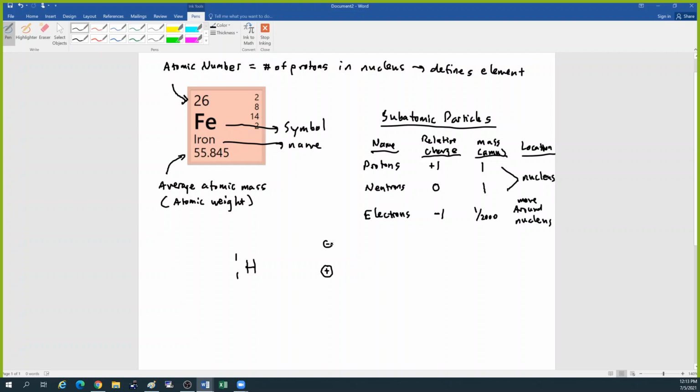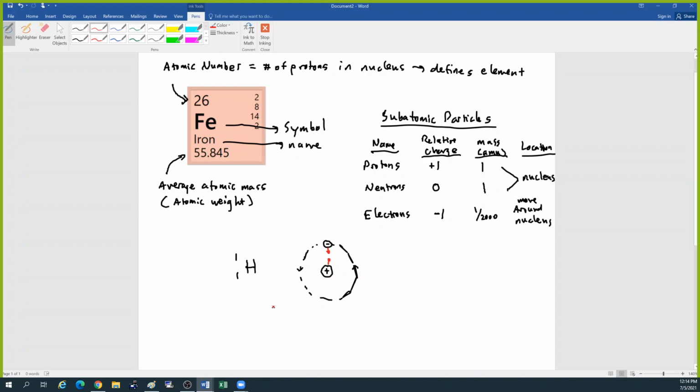And for now, a simple view would be that the electron is moving around the proton, and the reason why it doesn't fly away is because their opposite charges mean that they attract each other. And that's essentially the structure of an atom. And again, the physics of that is something we don't have to worry about right now. I just want you to understand how to look at the symbols and translate them into the pieces, how the atoms are put together.